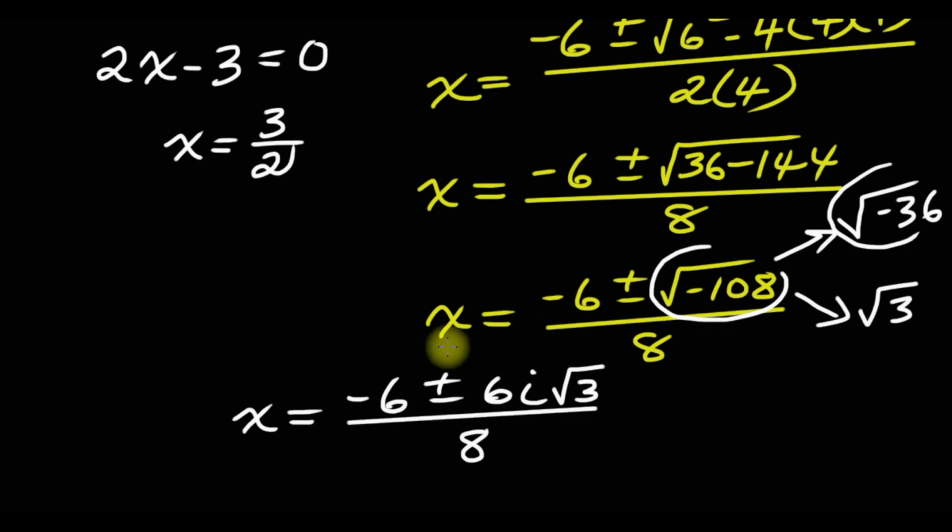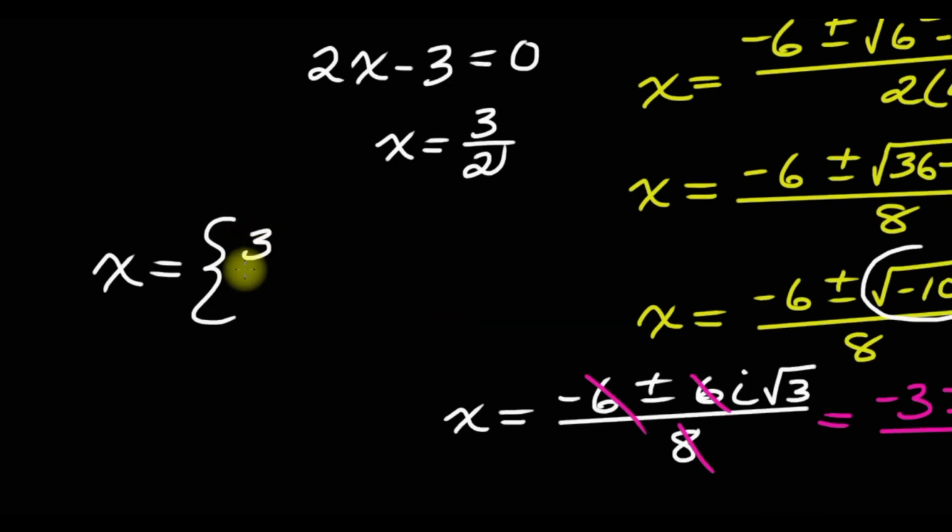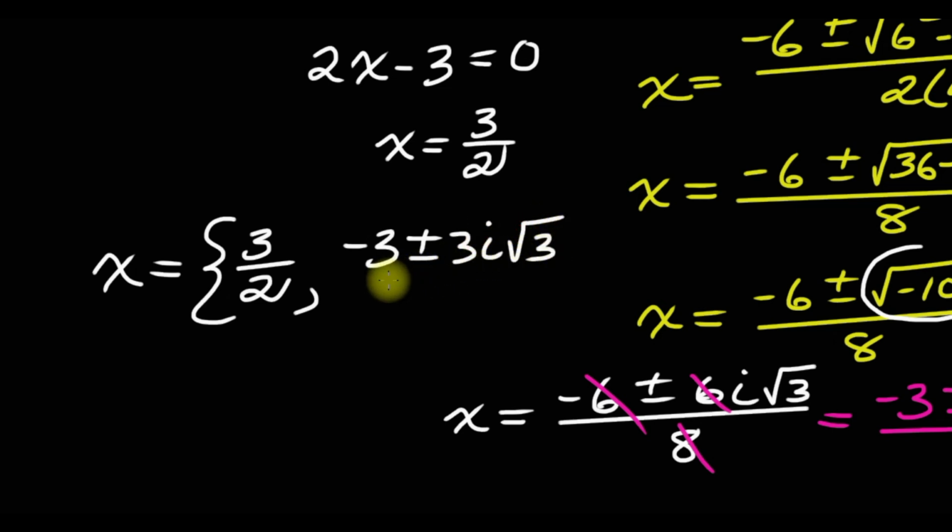Okay, so we can reduce this by 2. 2 is the greatest common factor for those numbers, so it'll be negative 3 plus or minus 3i times the square root of 3 all over 4. So the roots are 3 over 2, and then the other two are negative 3 plus or minus 3i square root of 3 all over 4. Okay, so these are your roots.